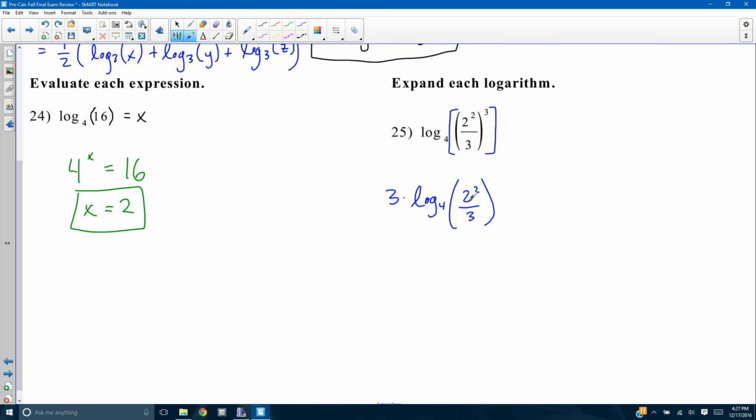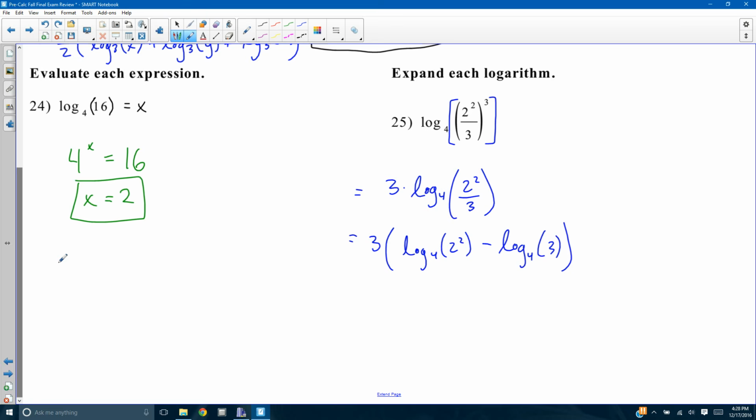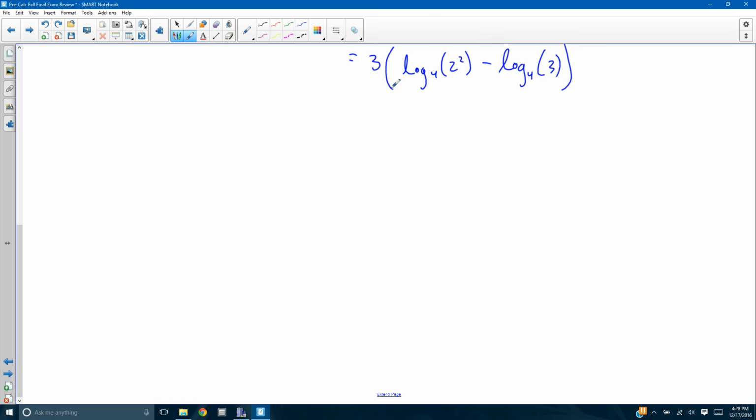Okay, division within a log means I can subtract, it can be a subtraction of 2 logs. So this will be 3 times that difference. 3 times log base 4 of 2 squared minus log base 4 of 3. Okay. As far as full expansion after that, you may distribute the 3.